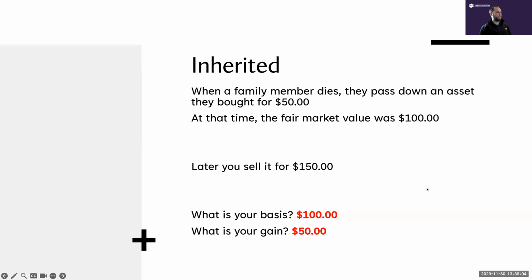And so then later when you decide to sell it, someone said, well, I'm going to pay you $150 because your basis was $100. The $50 is the difference between what they paid and what your basis was from the step up in basis. Okay, so good.